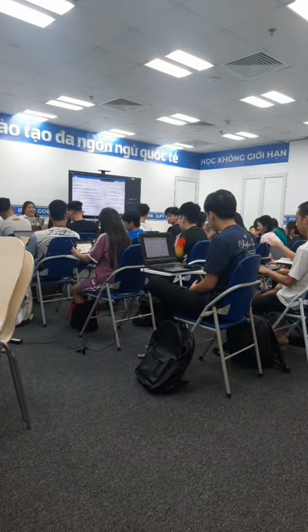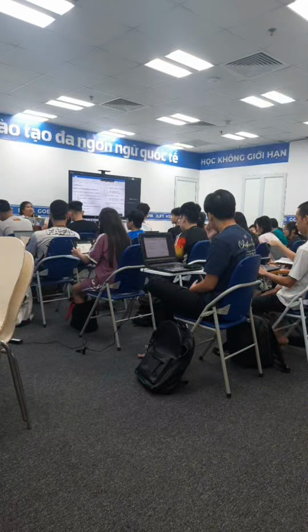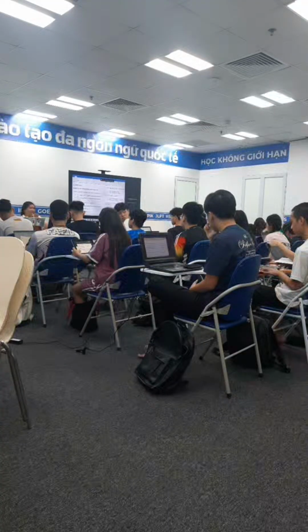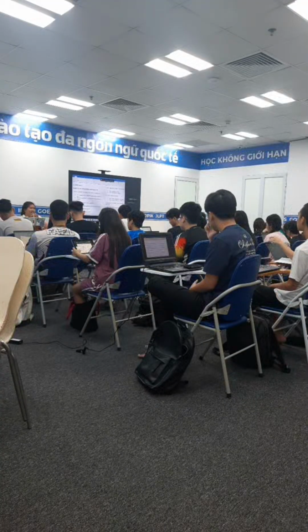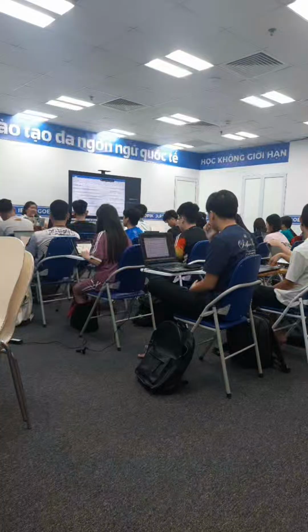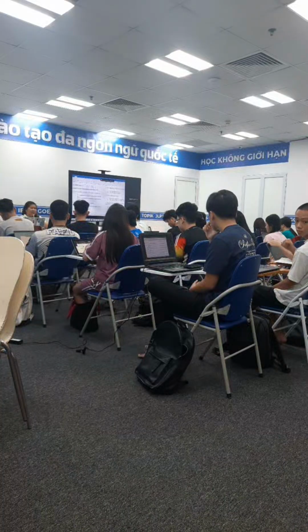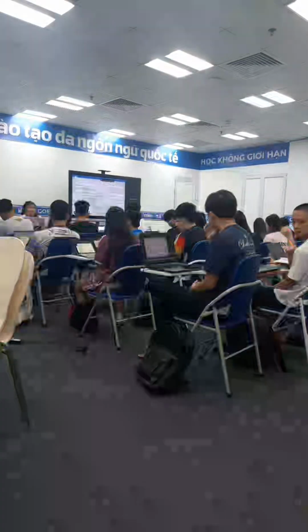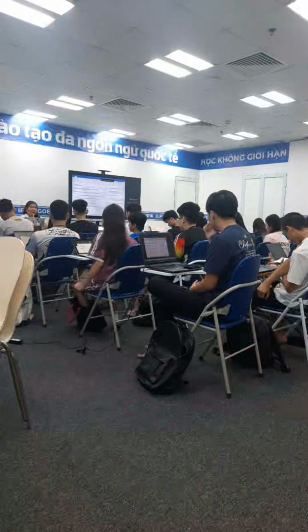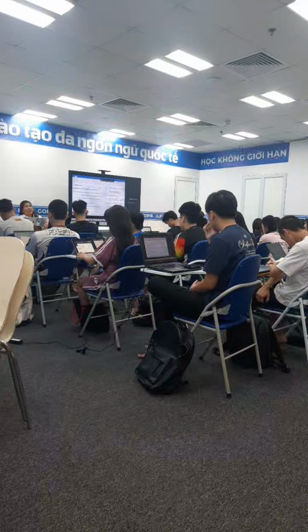When do we use conditionals again? Let's have me. When do we use conditionals? When we talk about a condition and its result. Okay, so a likely condition or a likely result based on the condition.